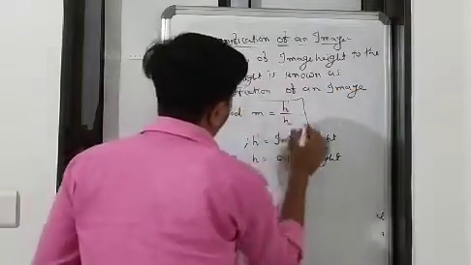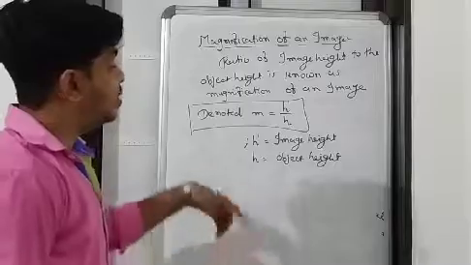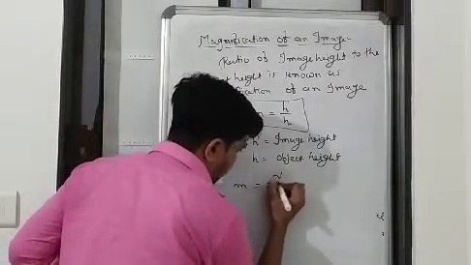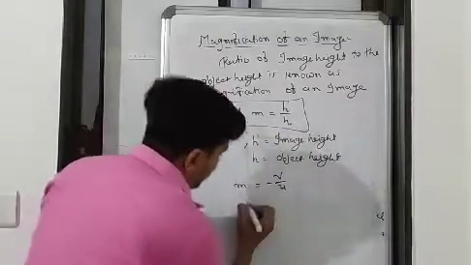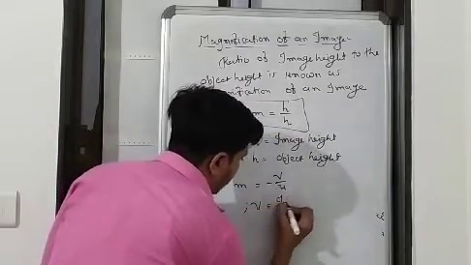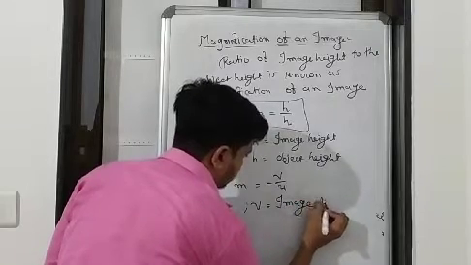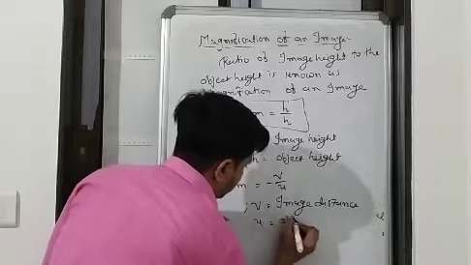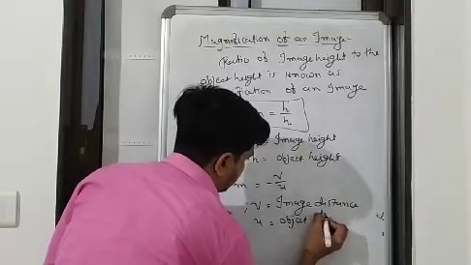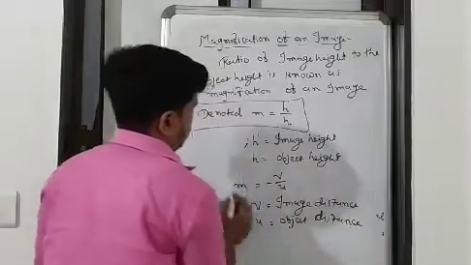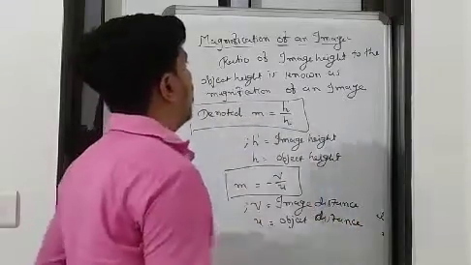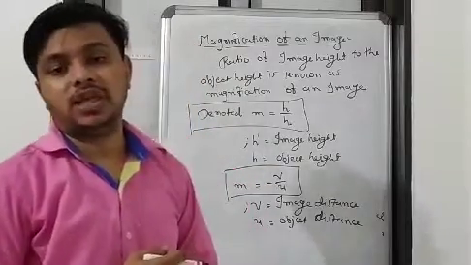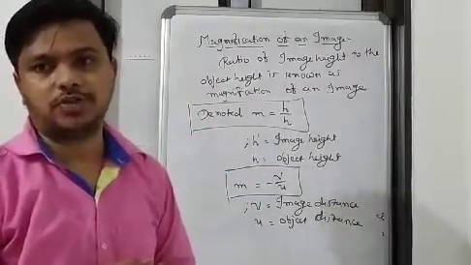And here is the formula of magnification. There is also another formula, which is m is equal to minus v upon u, where you know that v is the image distance and u is the object distance. So here is the second formula of the magnification of an image, and you have to use both formulas in the sums of the mirror formula, right?